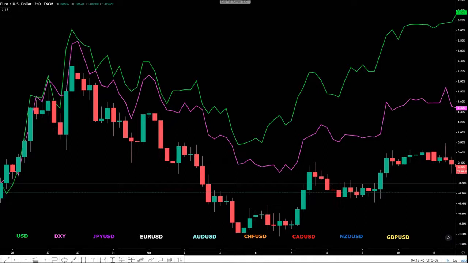The DXY movements are almost always a copy of the Euro US dollar. Therefore, it's going to be much tougher to actually spot divergences. That may not apply the same way in other pairs, just because Euro US dollar may have a different performance as opposed to GBP US dollar, US dollar JPY, etc. But you get my point.